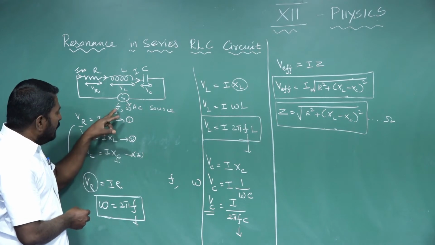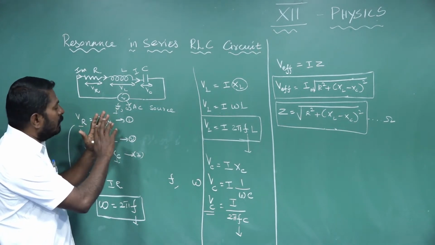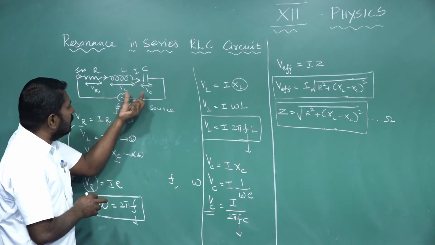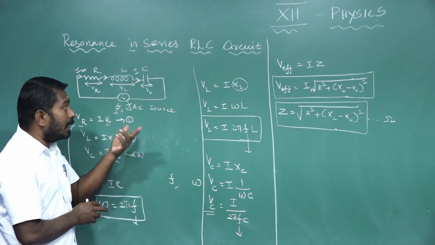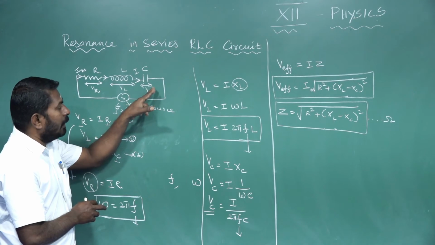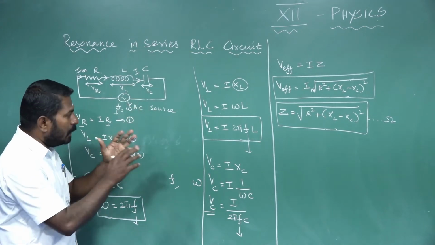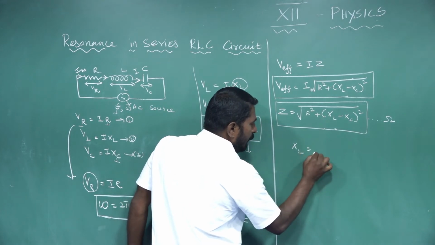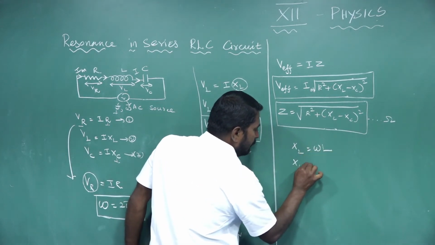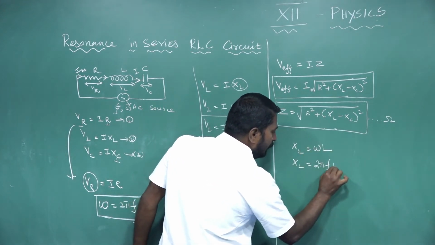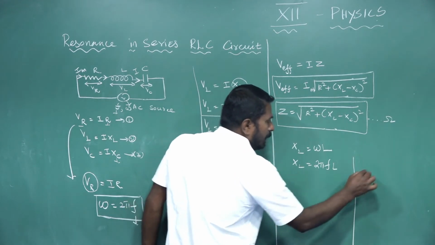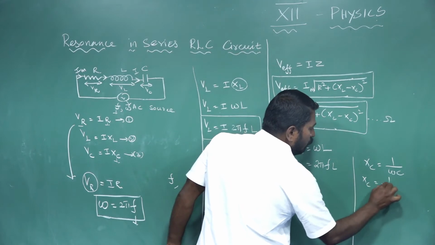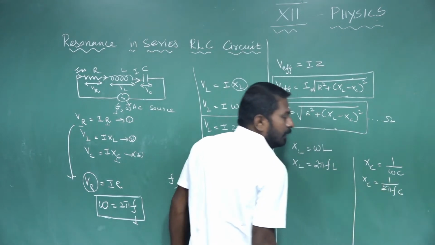If the frequency of the AC voltage is altered, the voltage across the resistor will not change, but the voltage across the inductor and the capacitor can change, because inductive reactance and capacitive reactance are frequency dependent. Coming to the point, XL is equal to omega L, which is equal to 2 pi F into L. Capacitive reactance XC is equal to 1 divided by omega C, which is equal to 1 divided by 2 pi F into C.